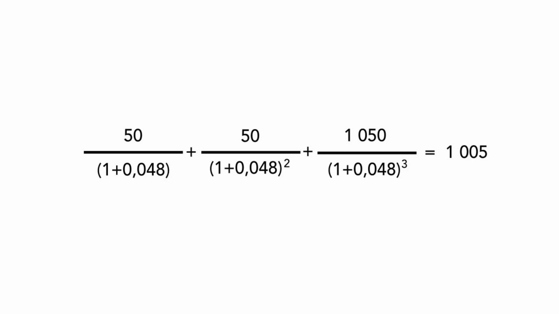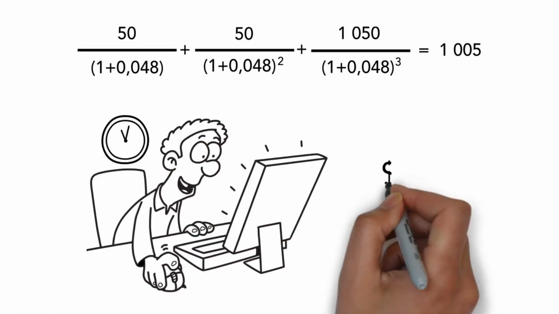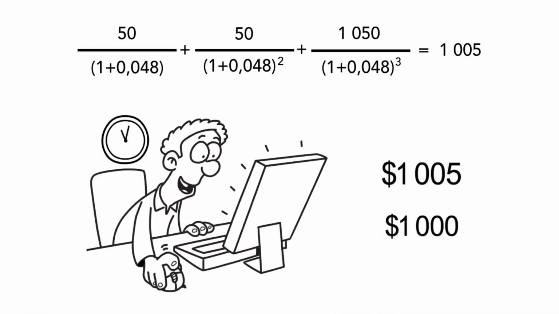In other words, the market sets the bond prices and the required rate of return can be calculated from that. So if you go to the market this very second and want to buy this bond, you will pay $1,005, not $1,000. This value of $1,005 is not connected to the nominal value of $1,000. It is only connected to the payments that the bond has in the future, discounted.